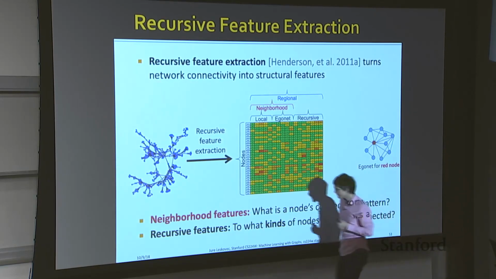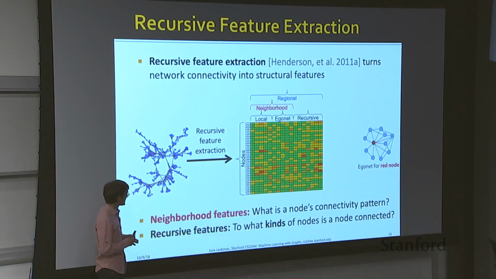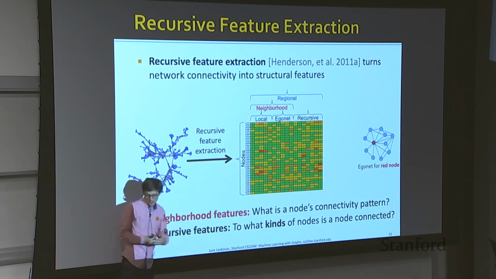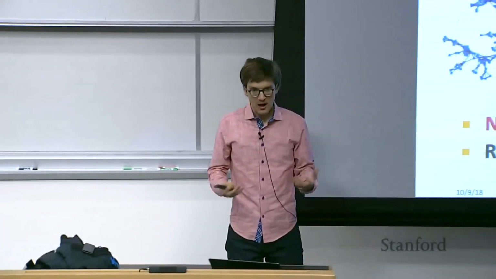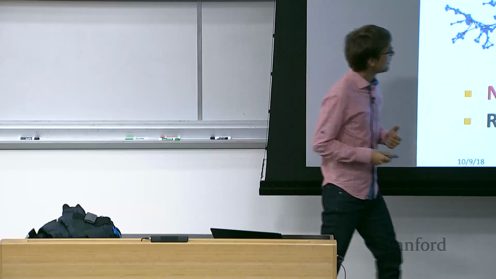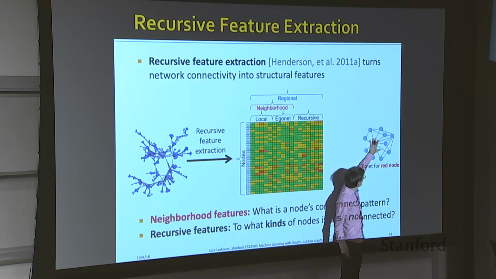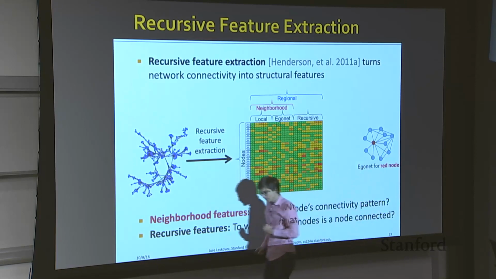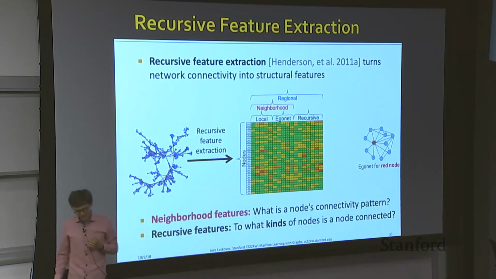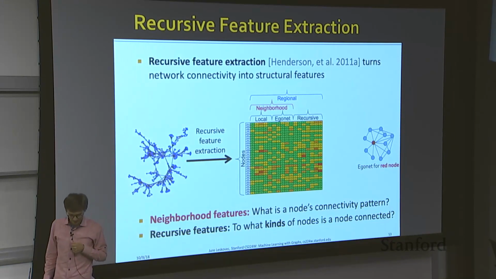So the first thing we will do is take the node and its neighbors, and come up with features that describe them. Then at the second level, we will try to characterize the structure of this ego network. And then we will unfold this recursively. And I will explain what I mean by recursively.